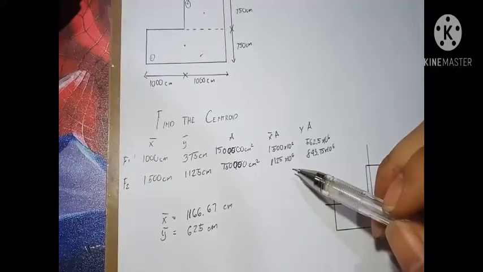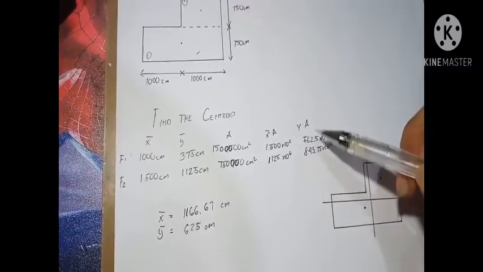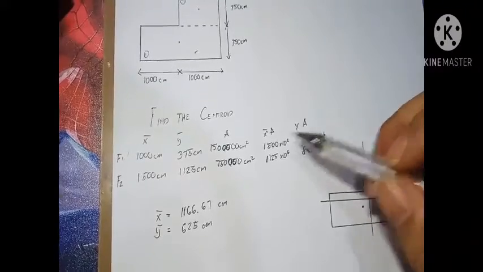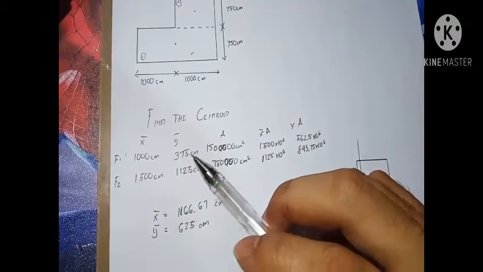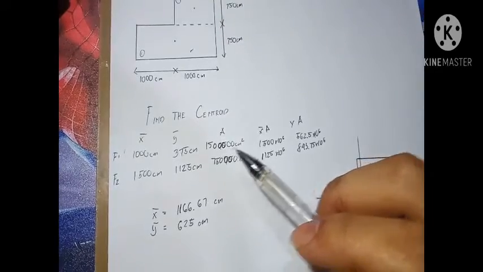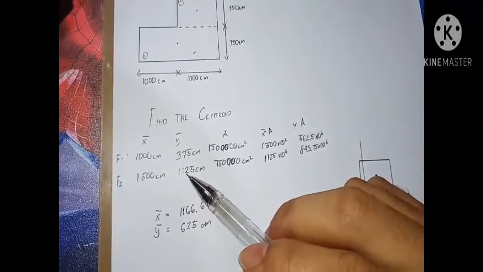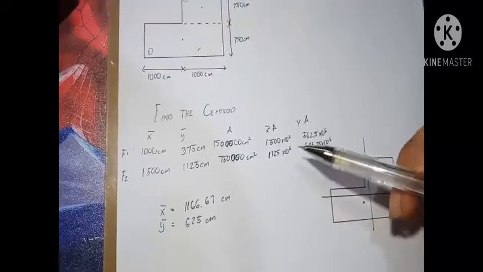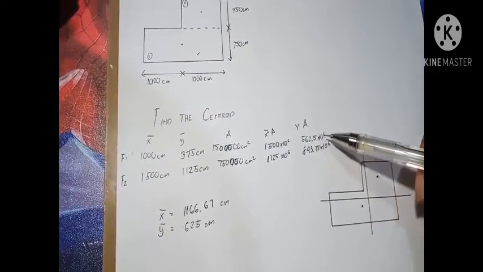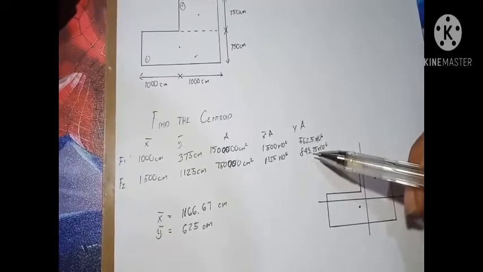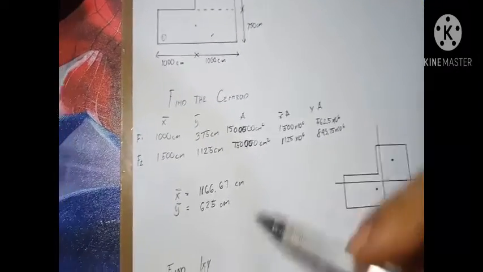I have to use scientific notation because we have a lot of zeros there. And for the y, the area times y bar, we'll have 375 times 1,500,000, then 1125 times 750,000, and we have the answer here, 562.5 times 10 to the 6th power, and 843 times 0.75 times 10 to the 6th power.